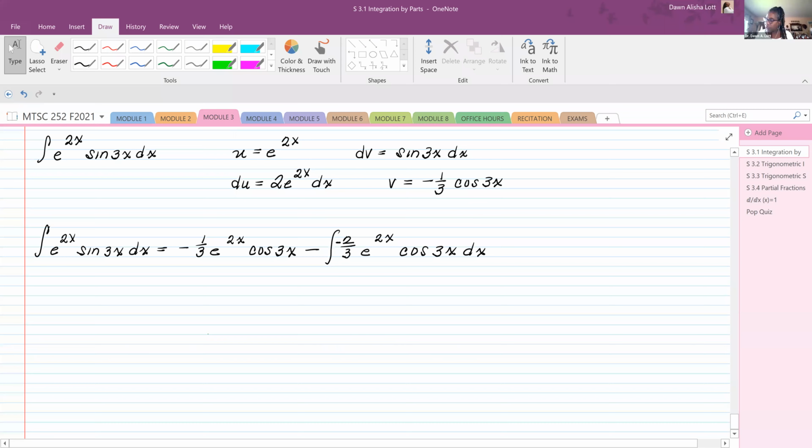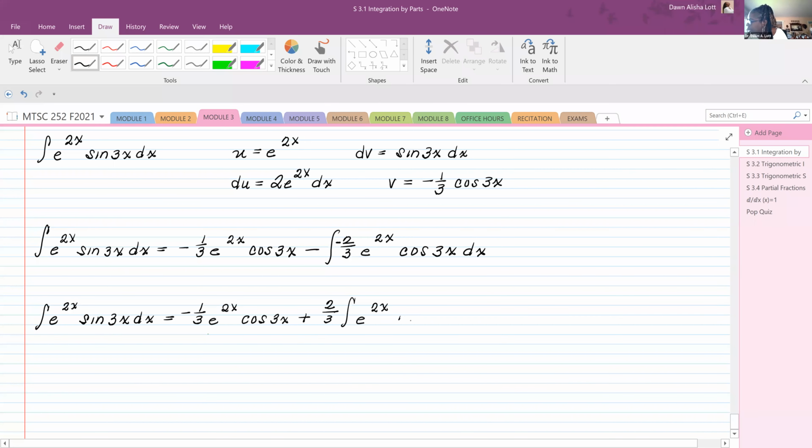Okay, so now this gives me that the integral of e to the 2x sine of 3x dx is negative 1/3 e to the 2x cosine of 3x. Minus a negative gives me a plus 2/3 the integral of e to the 2x cosine of 3x dx.